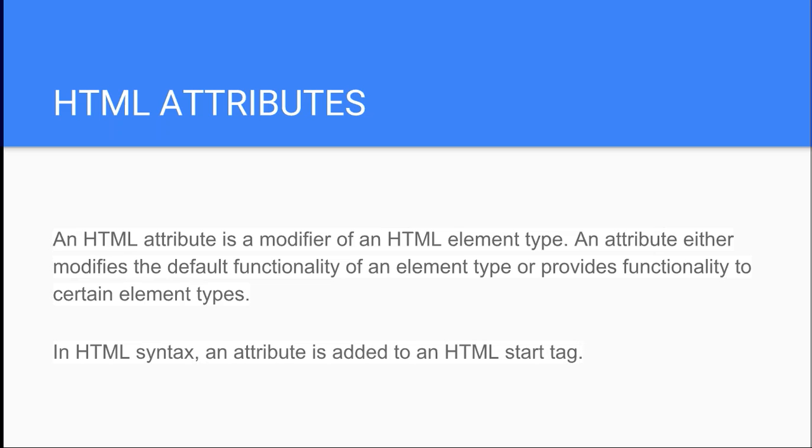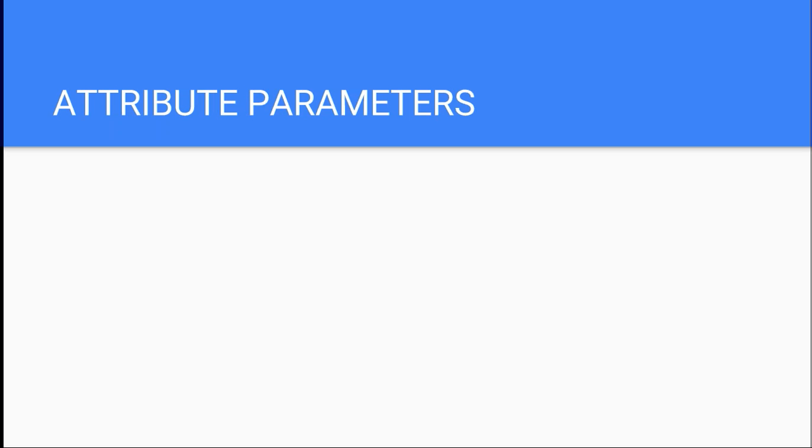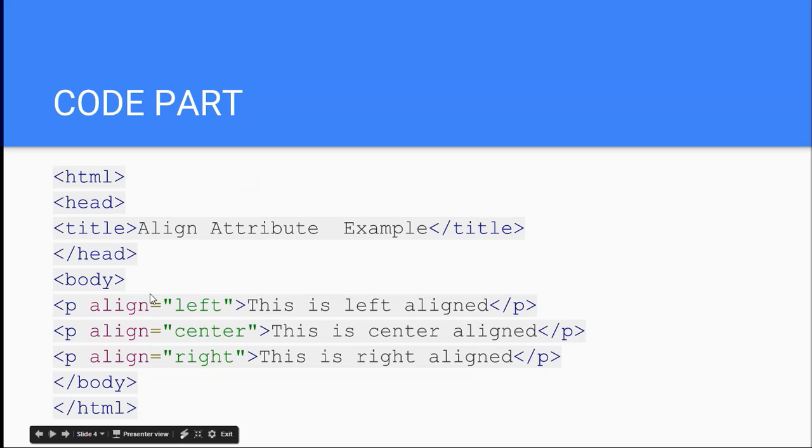Let us see. In HTML syntax, an attribute is added to the HTML starting tag. Let us see what it is. In this example, you can clearly see what an HTML attribute is. So we are assigning an HTML attribute in the starting part of a tag.